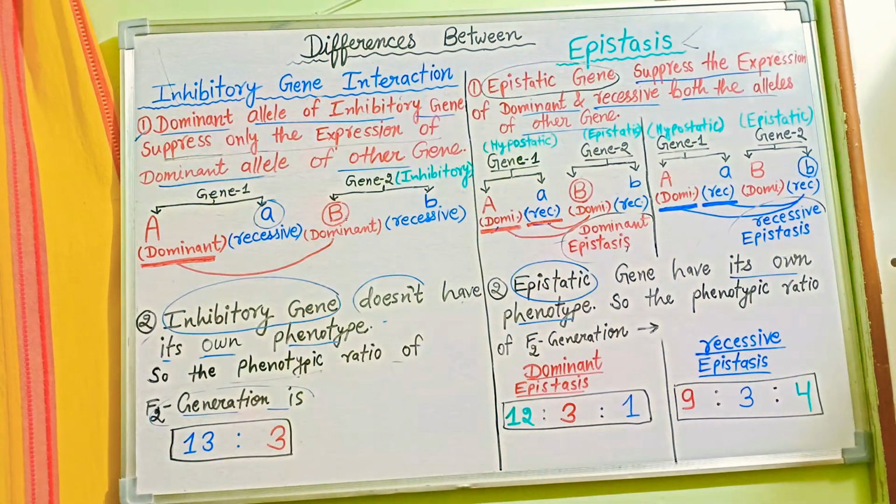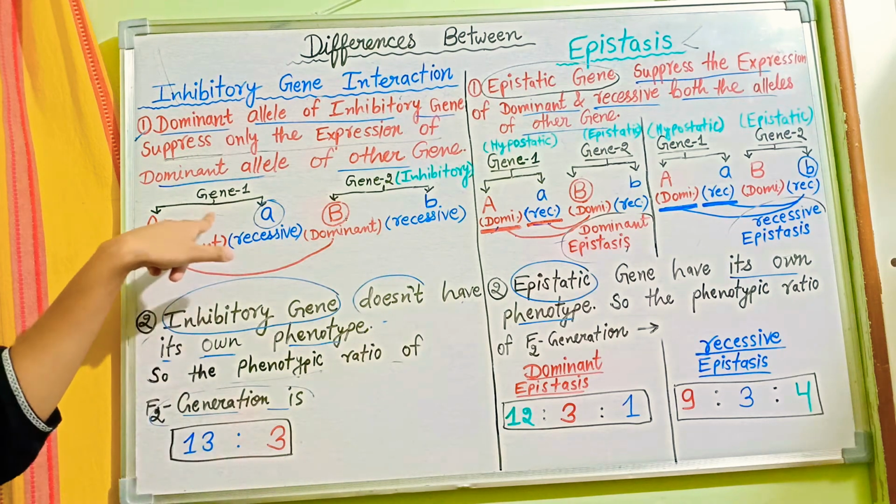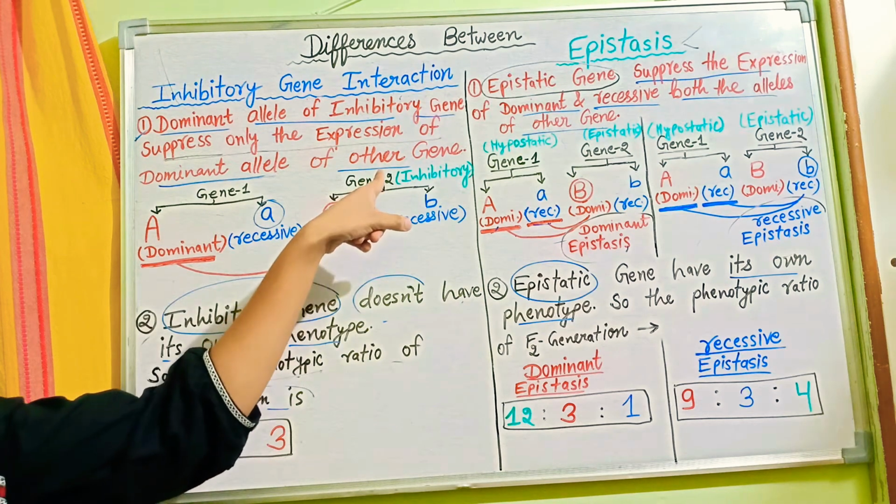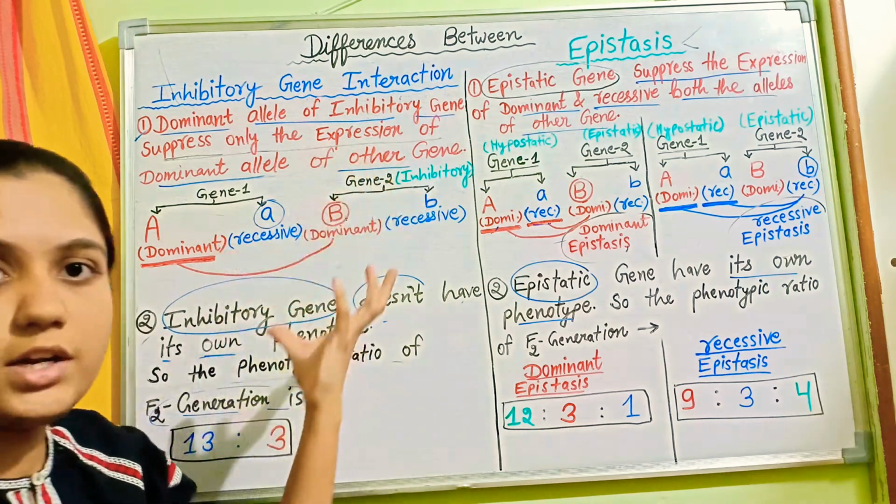Here you can see this 13, the blue color I use means this is the recessive character, and the red color shows the dominant character, and these recessive and dominant characters are phenotypes from only gene 1. Here gene 2 does not show any phenotype.